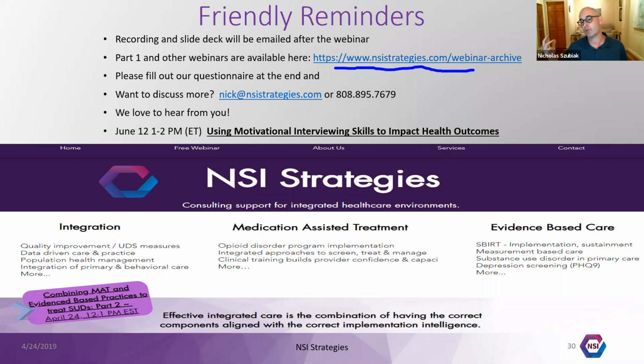We've seen the death rate, especially associated with prescription pain medications, decrease. We've seen a decrease in prescription pain medications. Unfortunately, the death rate has also increased associated with illicit heroin use because, back to Harold's point, we don't take a public health approach to treating substance use disorders.